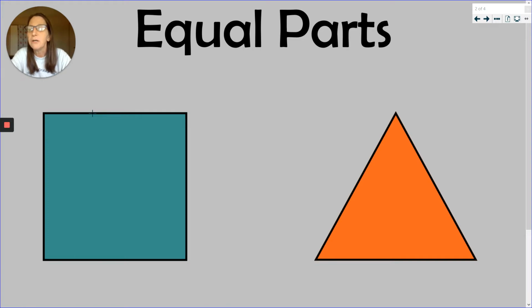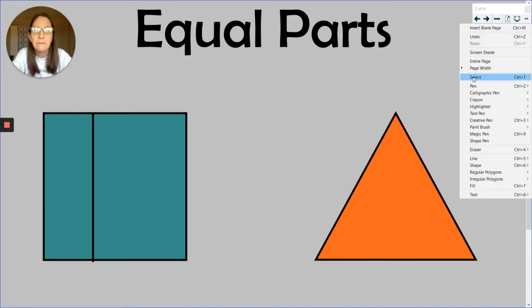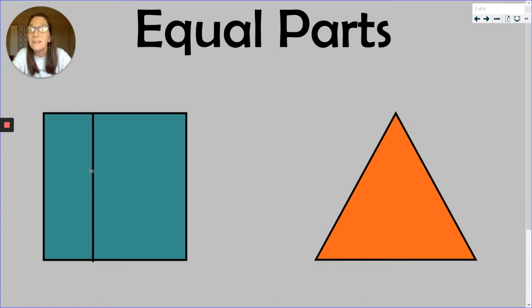All right, so I'm going to take my knife and I'm going to cut it just like that. Are those parts equal? What do you mean they're not equal? Why aren't they equal? Right, because this side is small and this side is big. They are not equal parts.